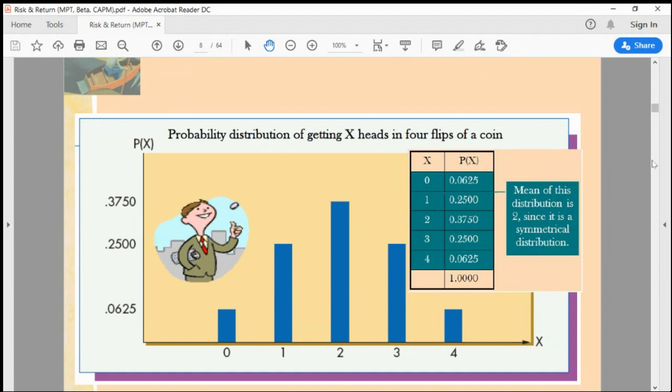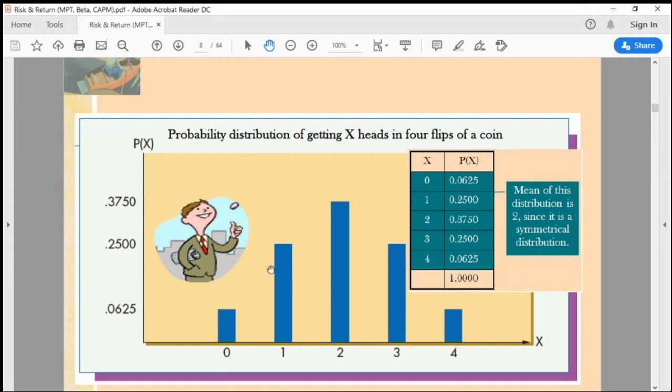So 4 straight heads, right? Or 3 heads and 1 tail, two heads and two tails, one head and three tails, and then four tails and zero heads. I mean, that will be 16.